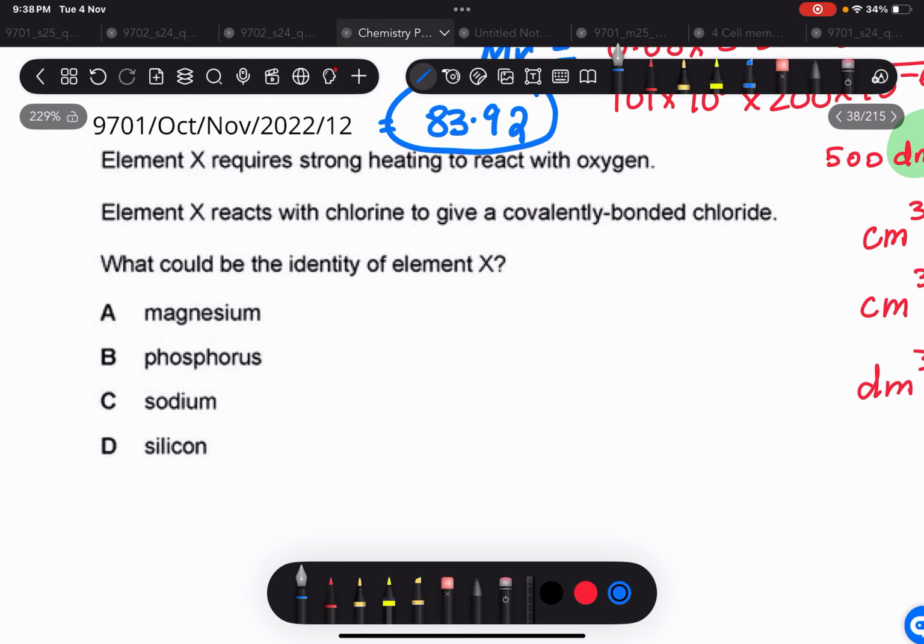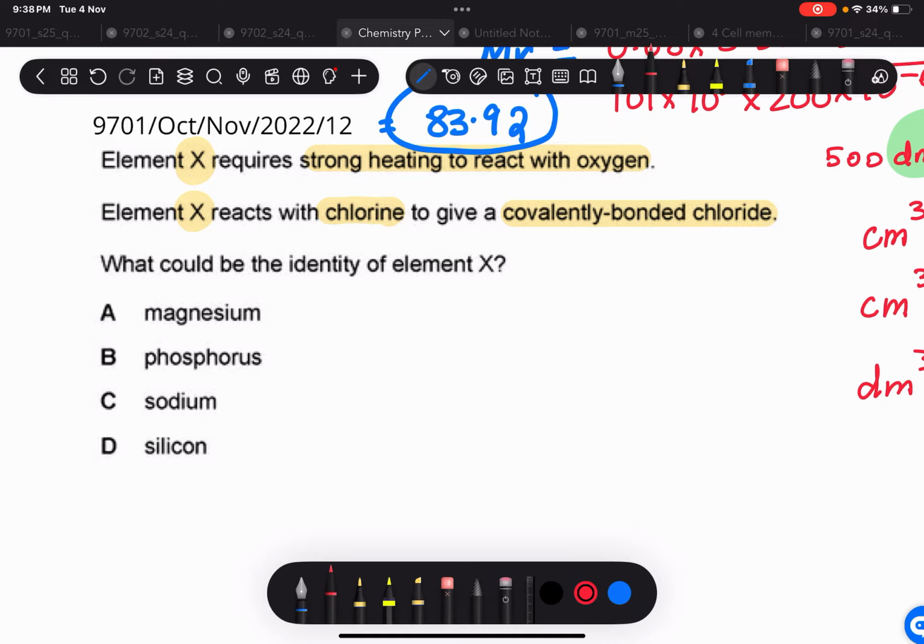Moving on. Element X requires strong heating to react with oxygen. Element X reacts with chlorine to give a covalently bonded chloride.